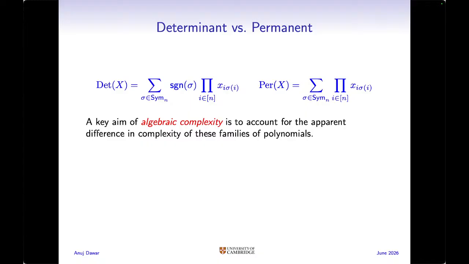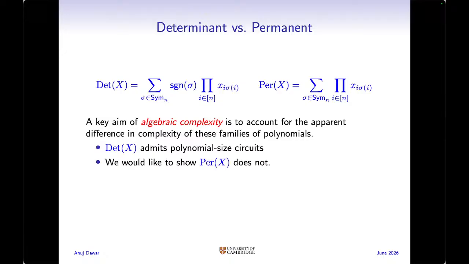So we know the key aim of algebraic complexity, and Avi exposed this very well yesterday, is to account for the apparent difference in complexity between these two polynomials. We know that the determinant admits polynomial size circuits. We would like to show that the permanent doesn't.